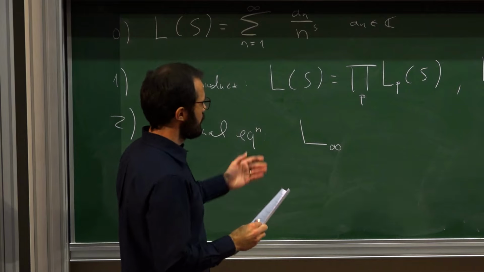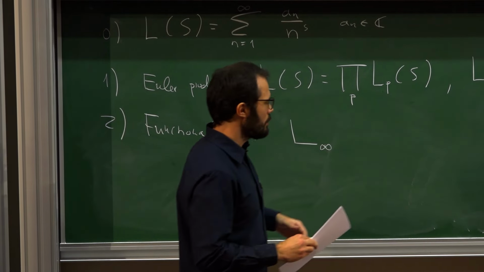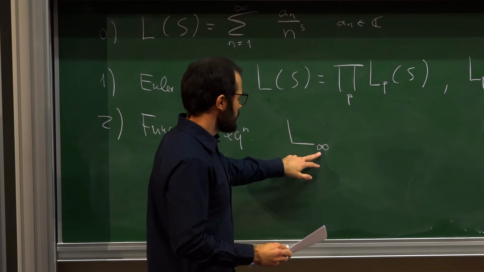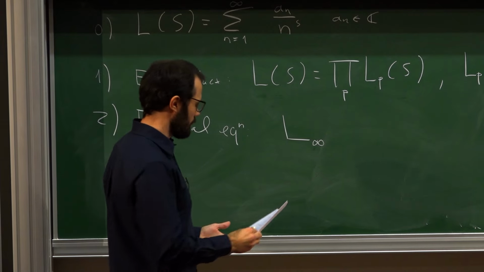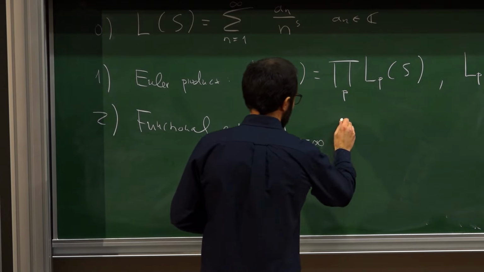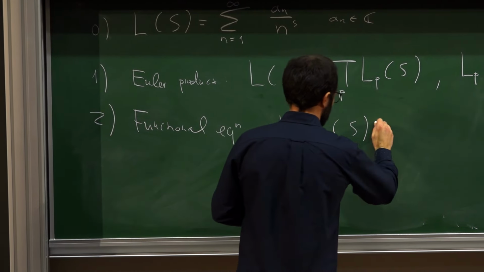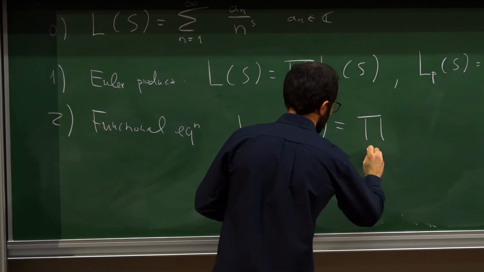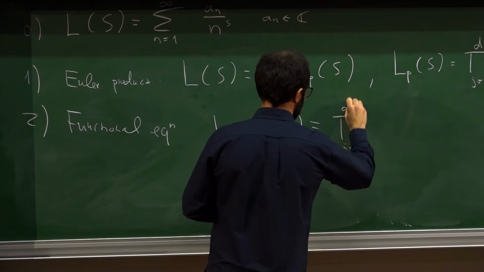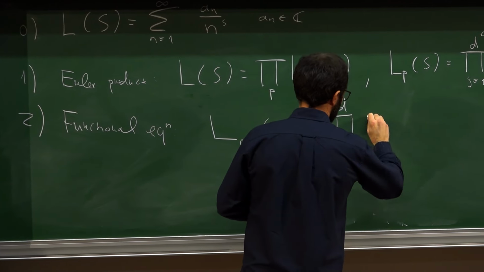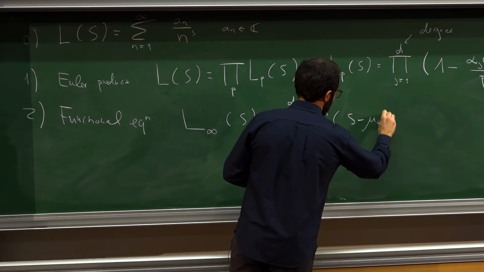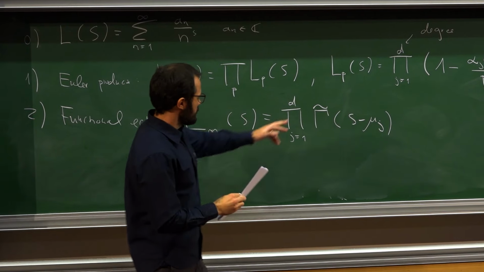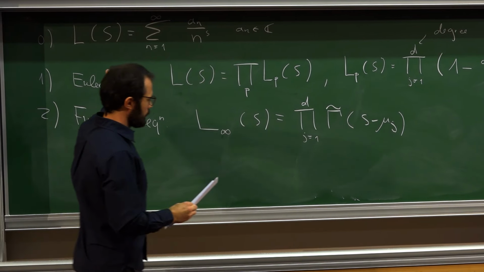So in the same way that these p's are associated to the p-adic completions of Q, this is associated to the real numbers, which is the remaining completion of Q. And this is just a product of gamma tilde, the same gamma tilde that we had before for the Riemann zeta.